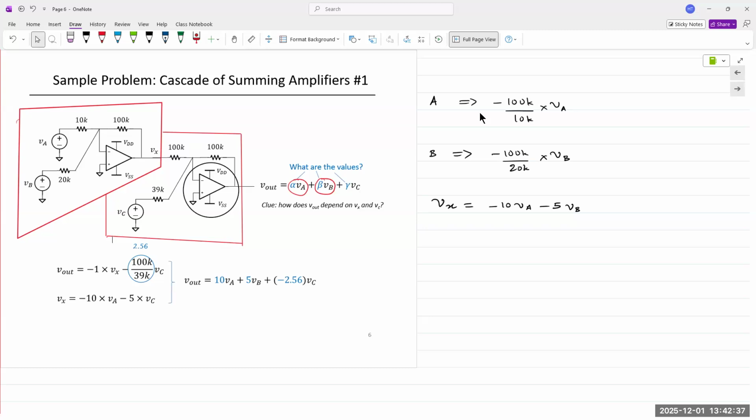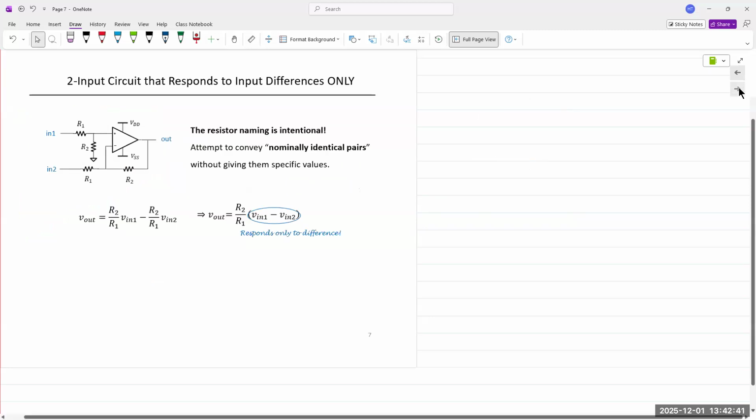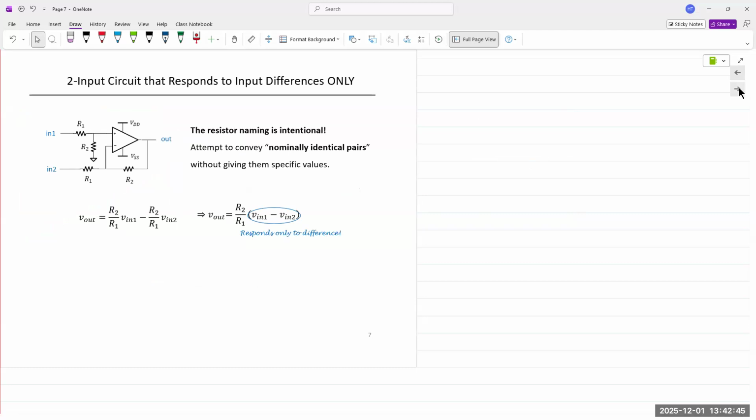All right. Let's look at the difference amplifier. The difference amplifier is a two-input circuit. We apply two inputs, one each to the inverting and the non-inverting terminal. Again, the output is a weighted difference of the two inputs: V in plus minus V in minus, or V plus minus V minus.